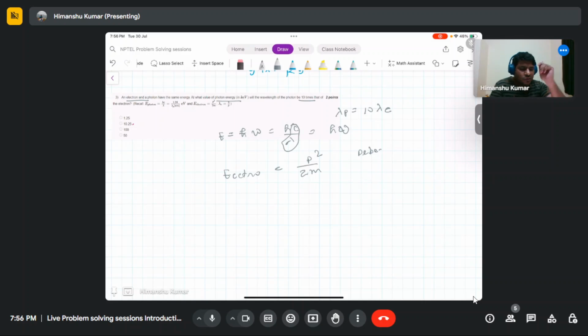So you can associate a wavelength with that, and that wavelength is called the de Broglie wavelength. If you divide the Planck constant by the momentum of the particle, then you can calculate the wavelength of the matter wave.